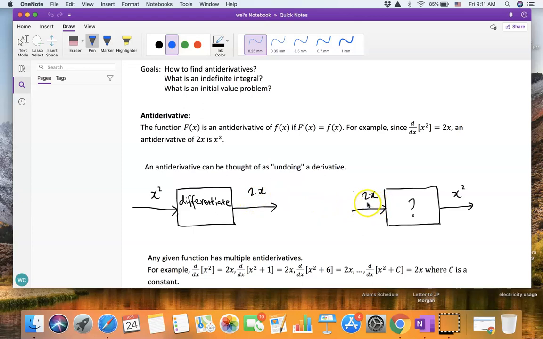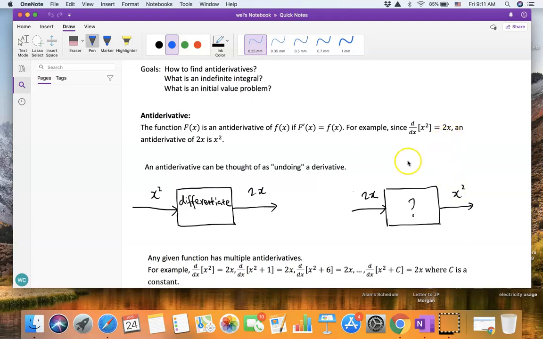Now, if we're given the function 2x and asked to find its antiderivative, we want to think of which function, when we take its derivative, gives us 2x. So the answer will be x squared.